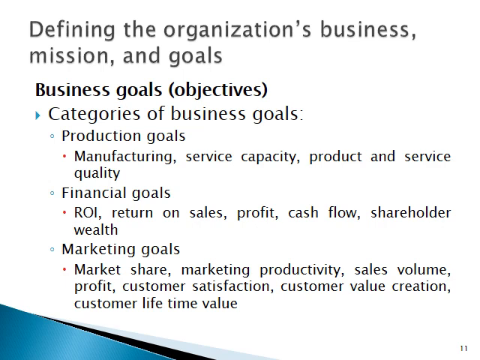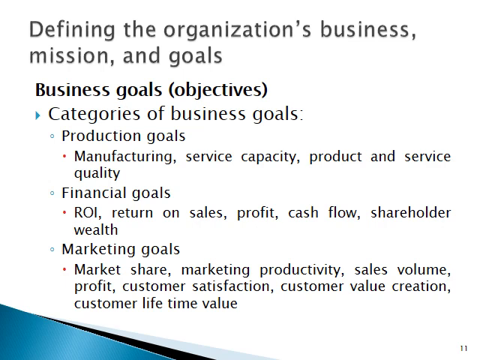So here is also a way that you can categorize your business goals. You can have production goals based on your production activities, manufacturing, service capacity, product quality. Financial goals, there are so many, like ROI, return on sales, profit, your cash flow. All this you can define in a quantifiable manner.